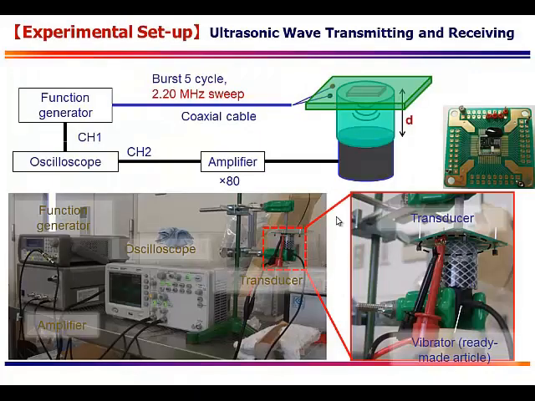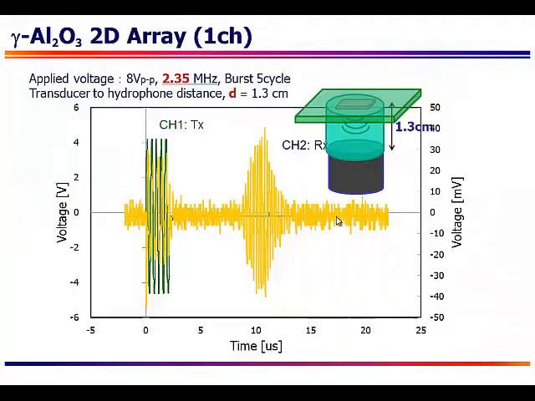And these are the experimental details for the ultrasonic wave transmitting and receiving experiment. Channel 1 is the transmitter, and channel 2 is the receiver. In one single channel we also did some experiments. We found that it successfully transmitted and received our signal.